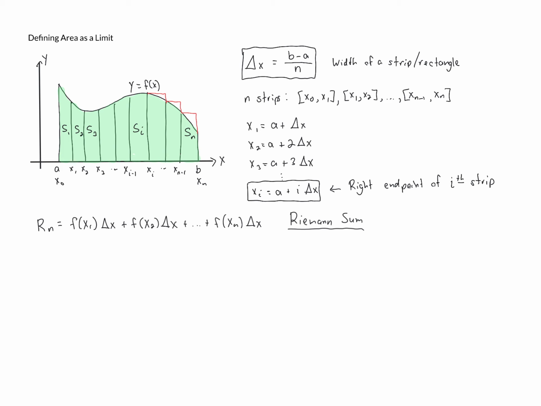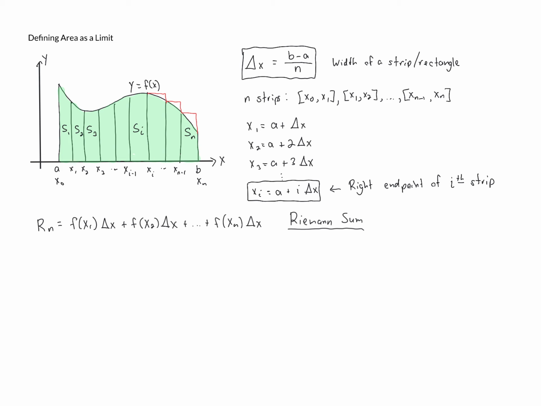So this is actually a formula in terms of the two endpoints, a and b, the number of rectangles n, and adding up all of those things together. Even though you don't see a, b, and n in here, all of this goes down to those things.